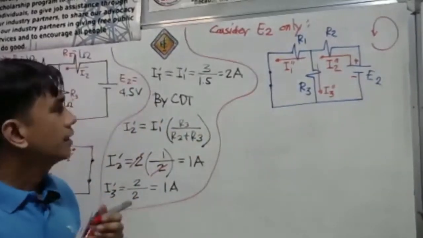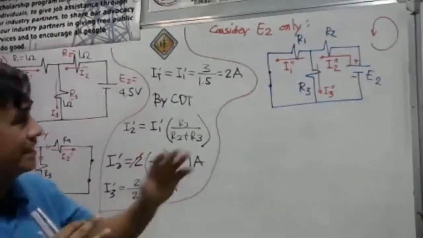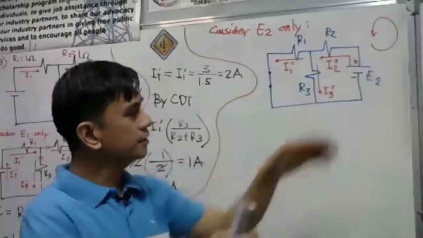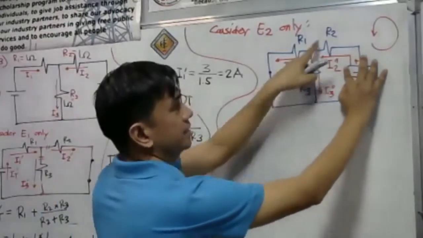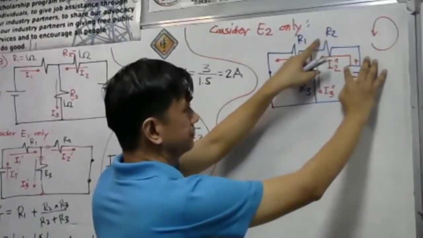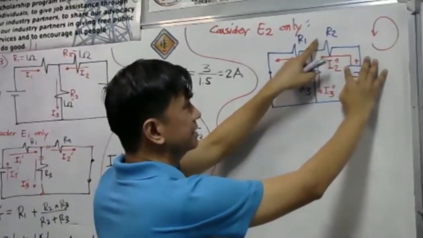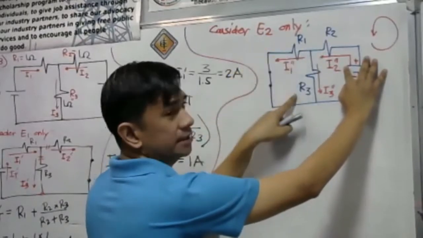So, again, what kind of circuit do we have here? Still, we have a series parallel circuit. If we have an ohmmeter here to measure the total resistance, we have R sub 2 that is in series, sorry, with respect to the parallel combination of R1 and R3.